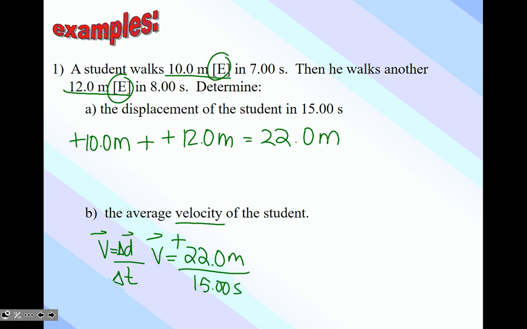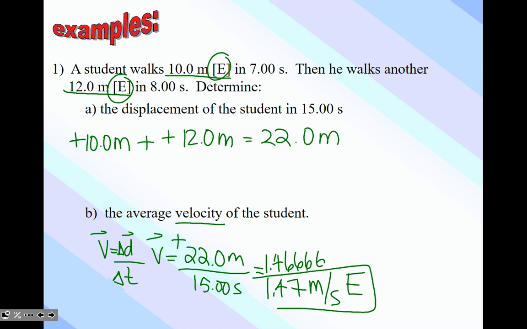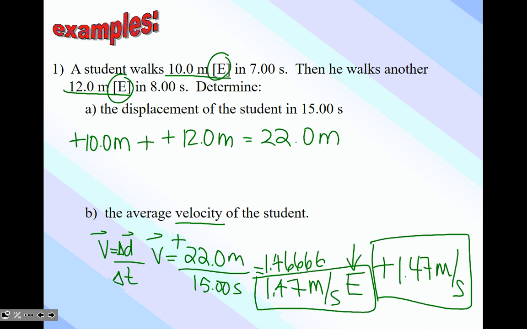We use our calculator to get 1.4666, or 1.47, units meters per second. Now here's the key: east. That's your answer. If you don't put east, you have to put positive 1.47 meters per second. That is your other option. This is your best option because it gives you more information: to the east.